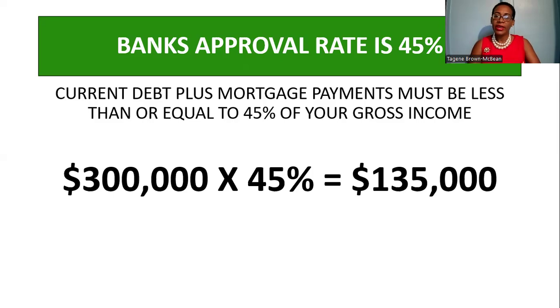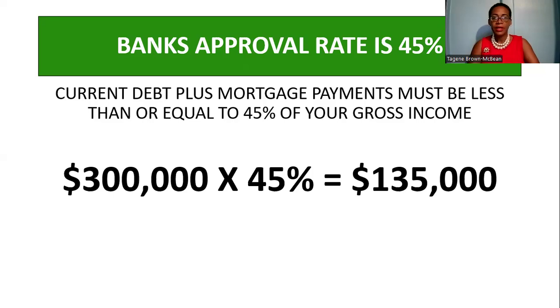So it might range from 40% to 50%. But for this demonstration, we're going to use 45% because it is the percentage that most banks would use, or you'd fall into that category that you'd have more banks using that percentage for you to qualify for the mortgage.